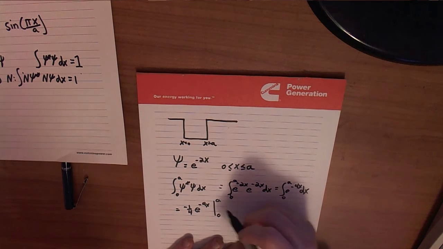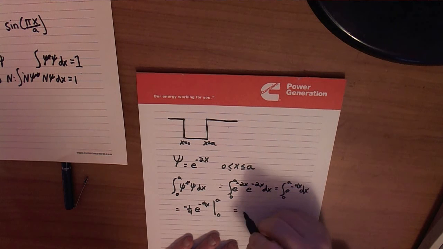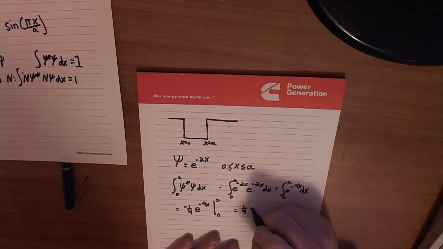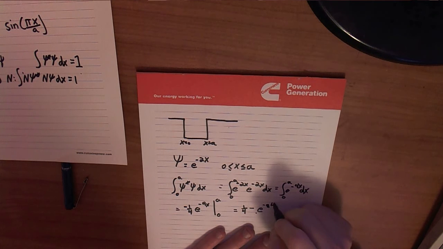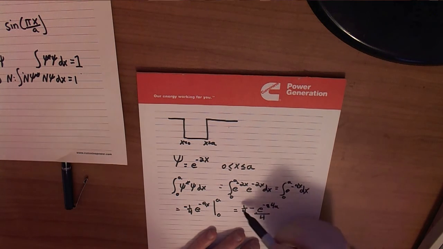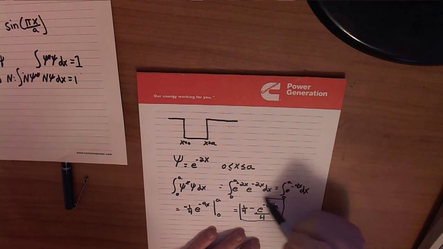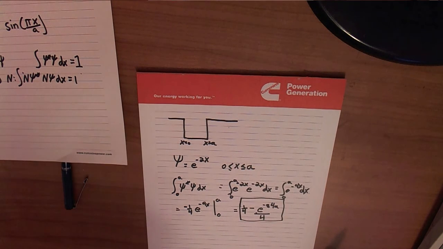So we just simply evaluate these limits, and what we're going to get is 1/4 minus e to the minus 4a over 4. And this is not equal to 1. Okay?